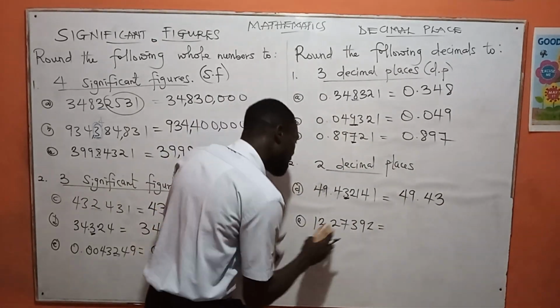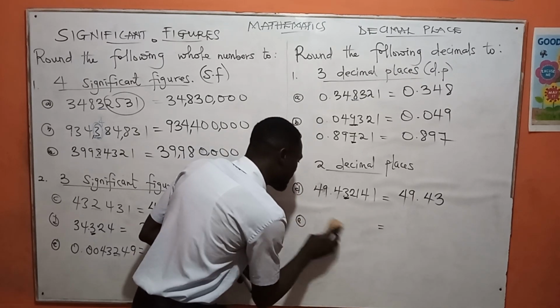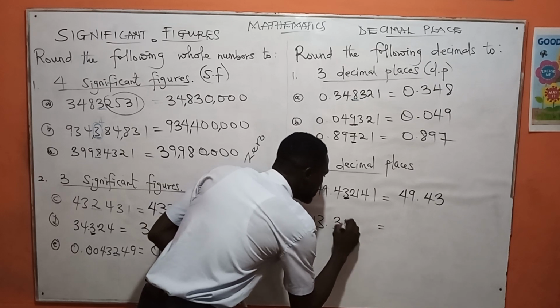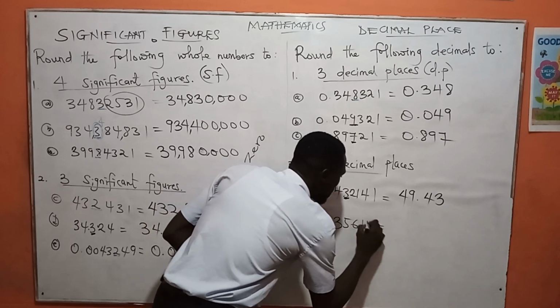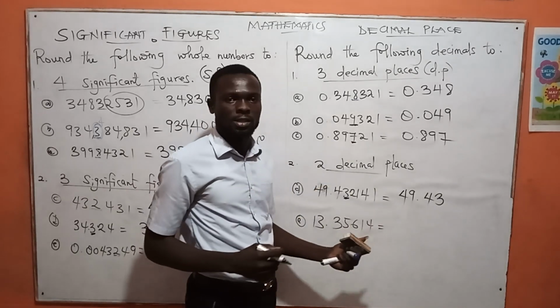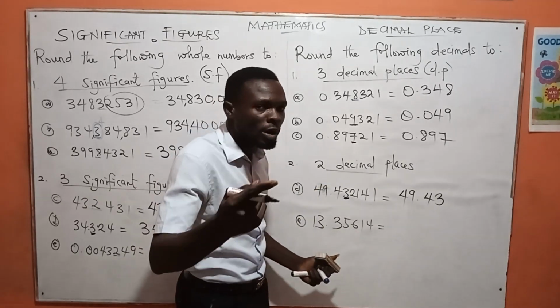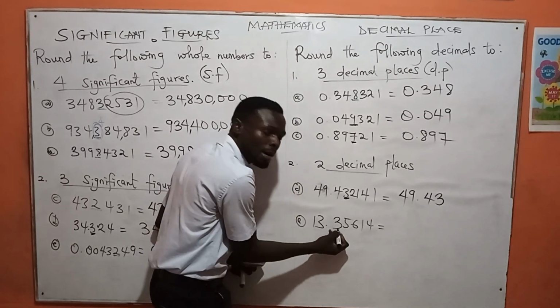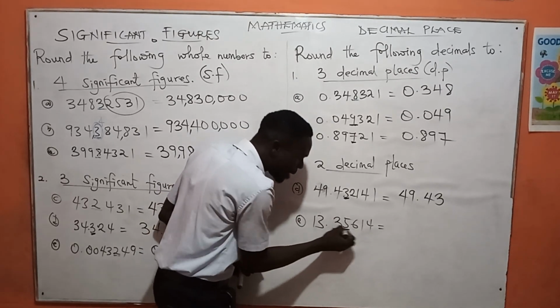So let's change this value to 13.35614. And we are to leave it to 2 decimal places. After the decimal point, we should see only 2 numbers. So this is 1 decimal place, this is 2 decimal places.